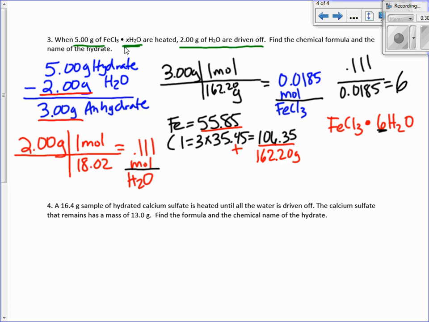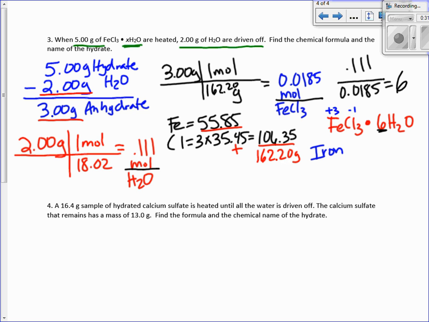Now what's this guy's name? It is a hexahydrate, good, but it's iron what? What's chloride's charge? It's a -1, but there's 3 of them, so this guy has to be a +3.